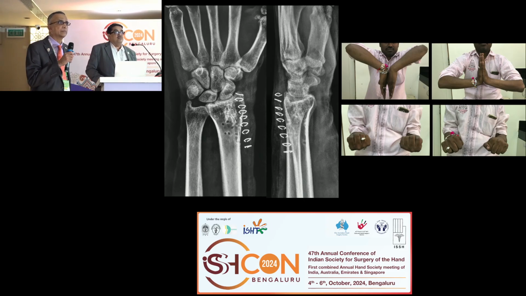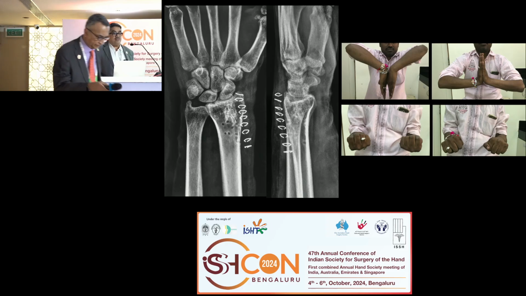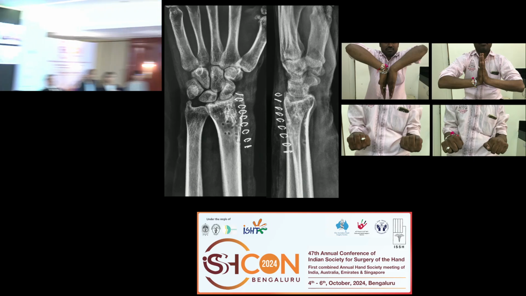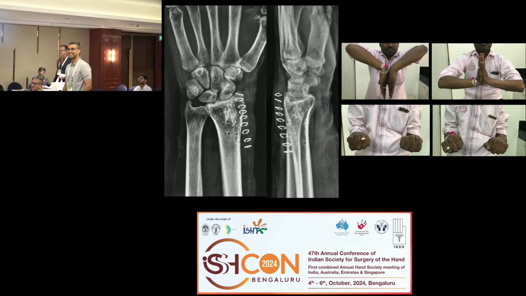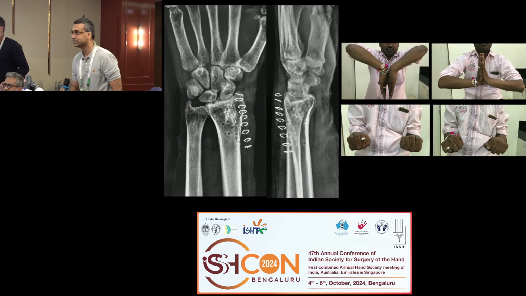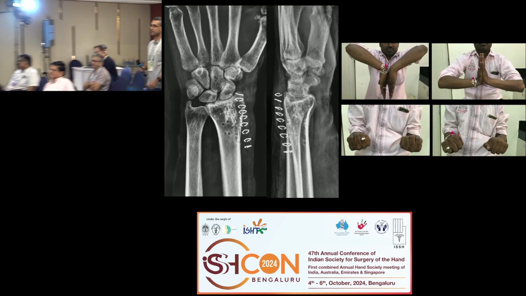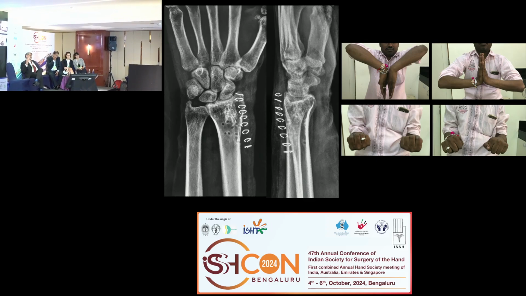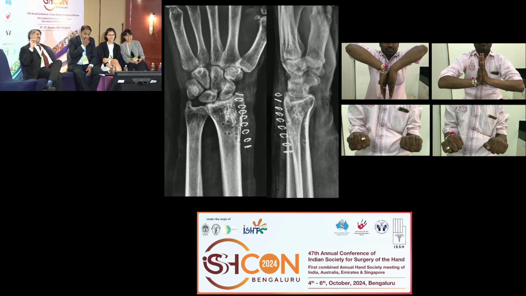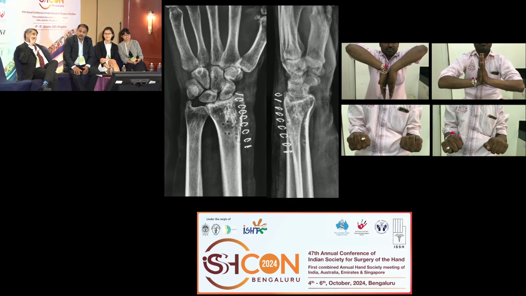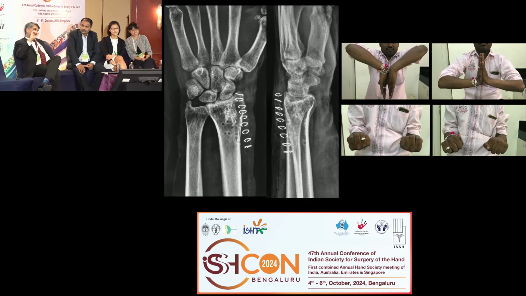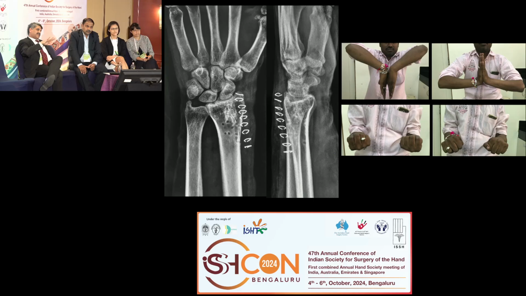Just keep them coming. So, in regards to the raft screw, are they easier to put from the volar side or dorsal side? It's always easier to put from the volar side with the variable angle feature, and you have more plates. The dorsal plate, even I'm not very happy even with the variable angle feature. They are much thinner and low profile because they are meant to sit on the dorsal aspect of the radius.